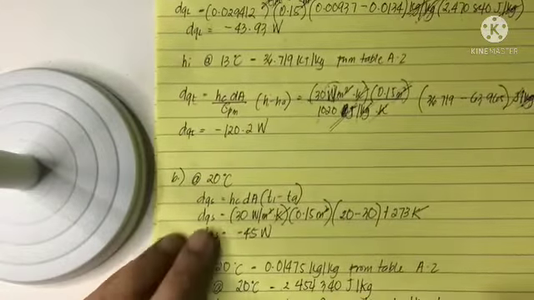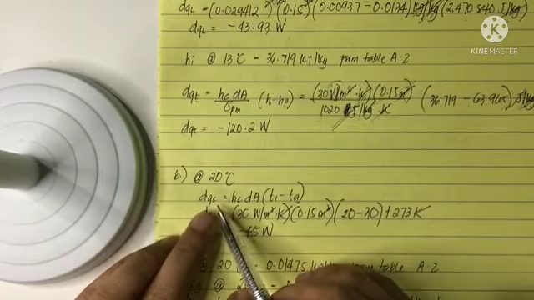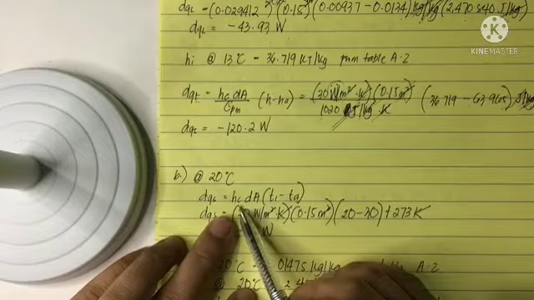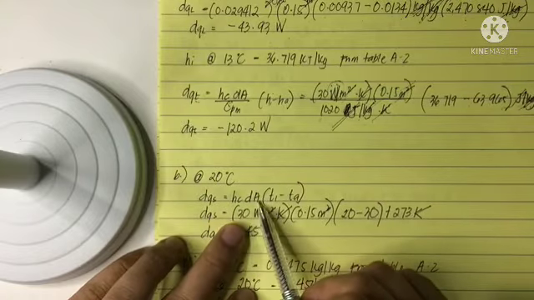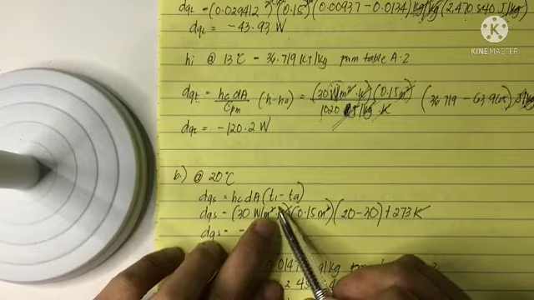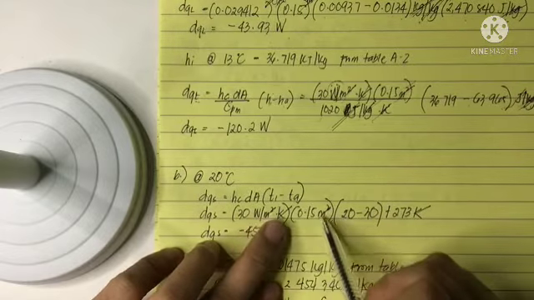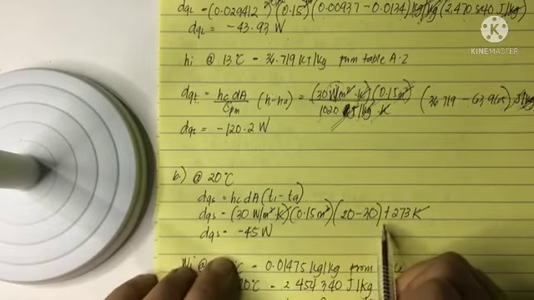So letter B, at 20 degrees Celsius, using the formula of the rate of your sensible heat is equal to your convection coefficient times your area times the difference between the temperature of air and the wetted surface temperature.